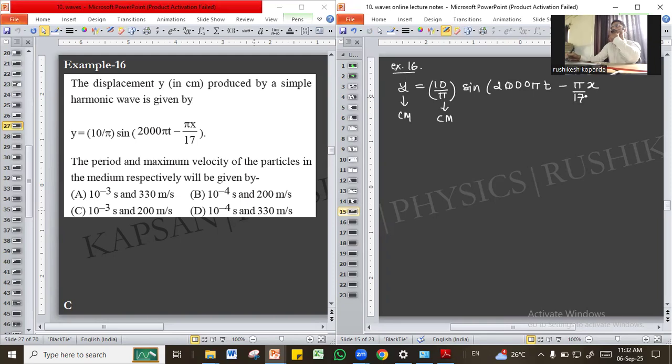So let us write pi by 17 into x. The period and maximum velocity of the particles in the medium are respectively, period and maximum velocity of particle.